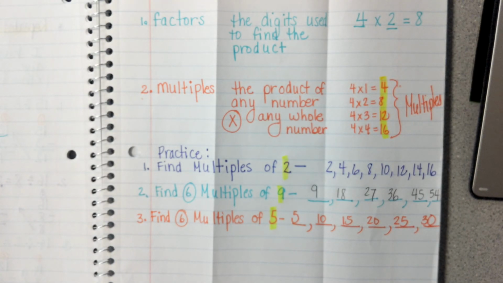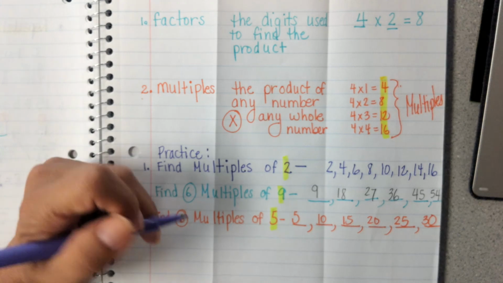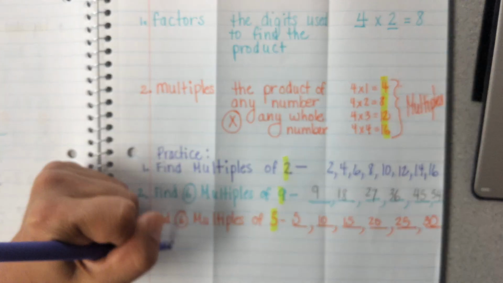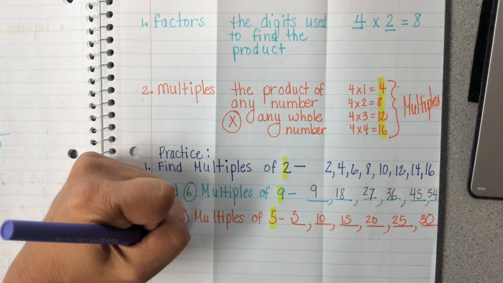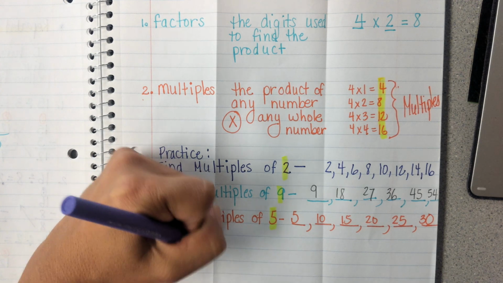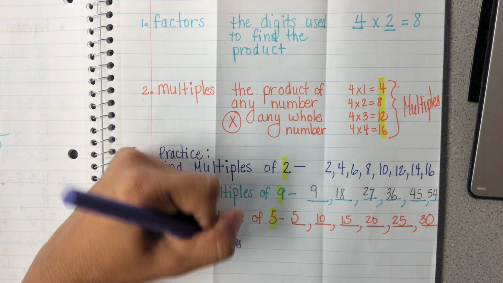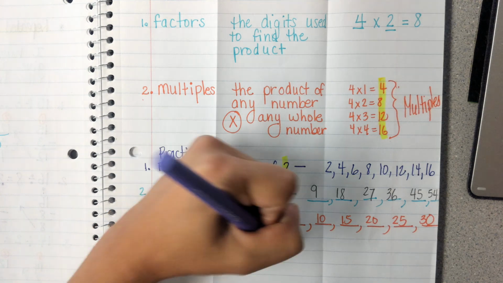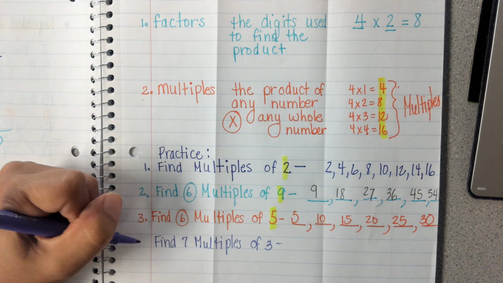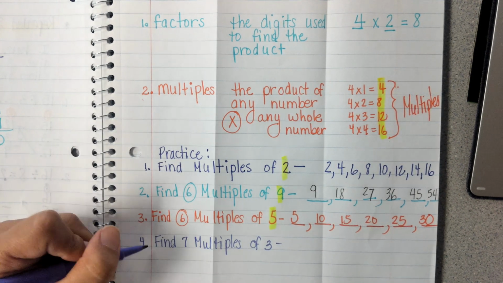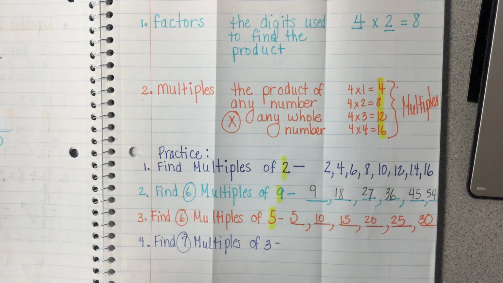One last one to practice on. Find 7 multiples of 3. And you can get started. So find 7 of them.